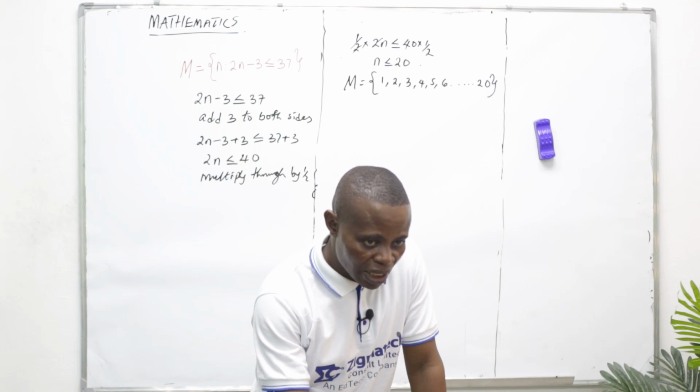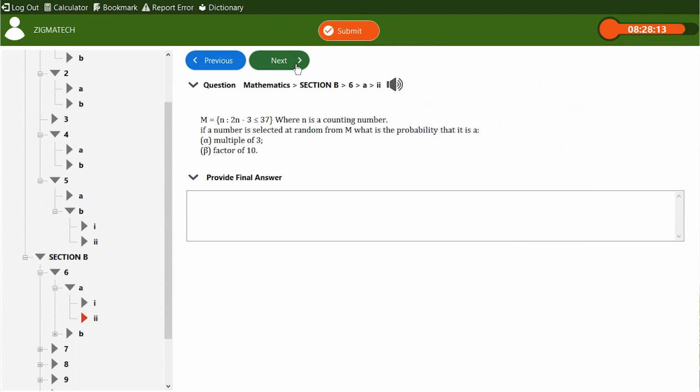Let's check the II part. It is talking about: if a number is selected at random from M, what is the probability that it is a multiple of 3?